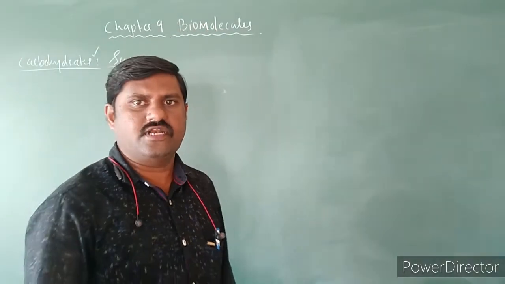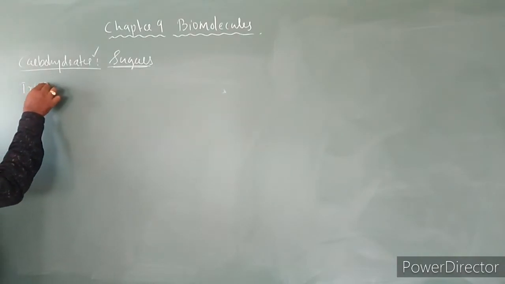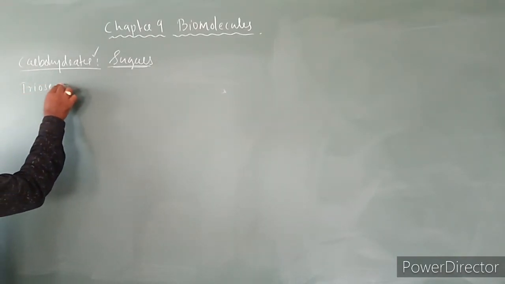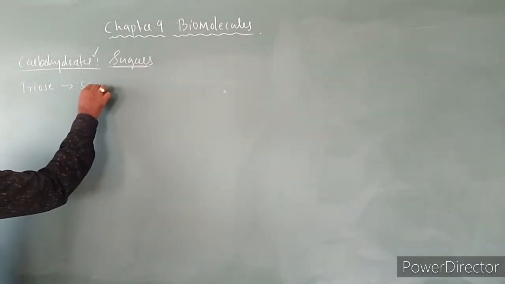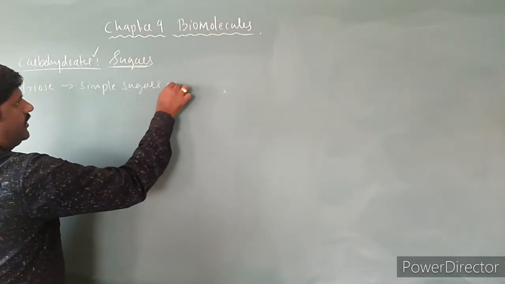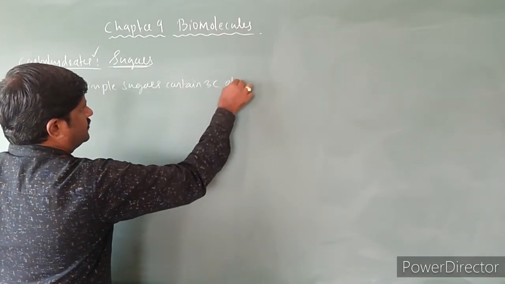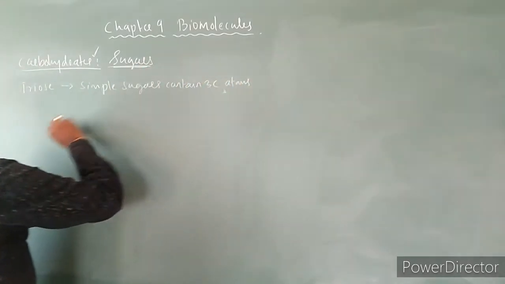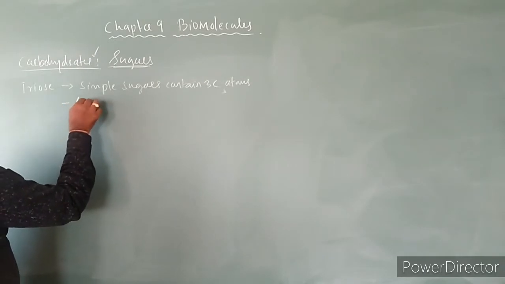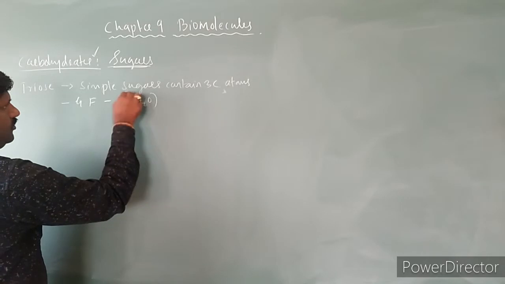First one is triose. These are the simple sugars containing 3 carbon atoms. So, for example, take the general formula CH2O to the power n.